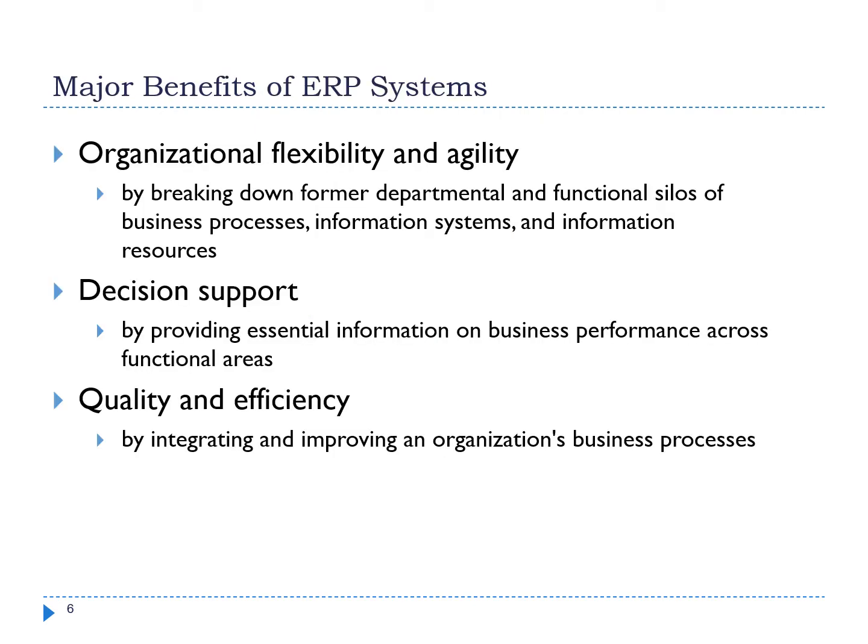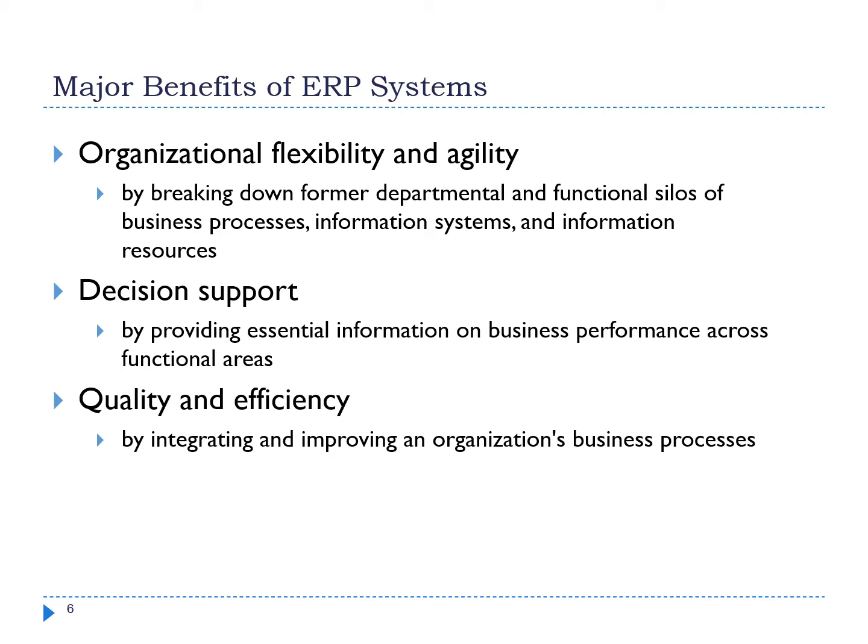This slide introduces the major benefits of ERP systems. ERP systems make organizations more flexible, agile, and adaptive by breaking down formal departmental and functional silos of business processes, information systems, and information resources.